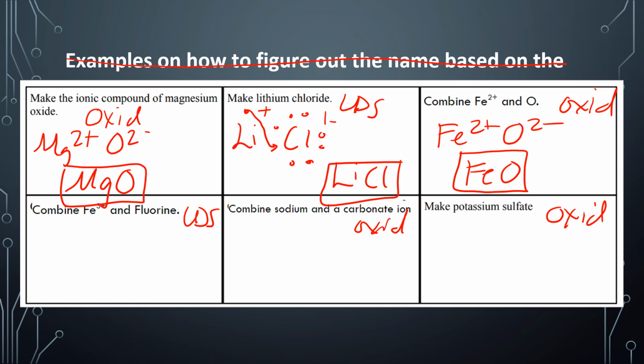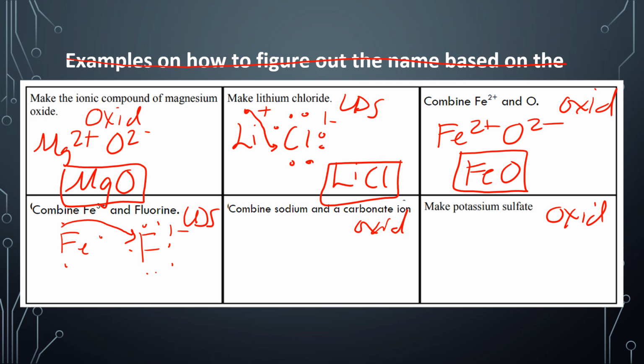So you have iron 3+ and fluorine, Lewis dot structure method. Hopefully I have enough space. Anyway, so iron it's a 3+, so it means that it lost 3 electrons. Fluorine is 7 valence electrons. Anyway, fluorine is really electronegative, so it's going to steal this 1 valence electron. It now has an oxidation number of 1- because it already has a full valence shell and it gained 1 electron to obtain that.